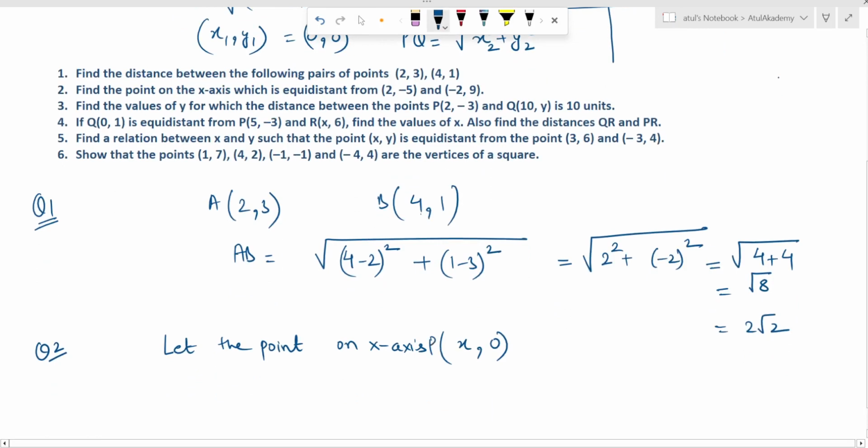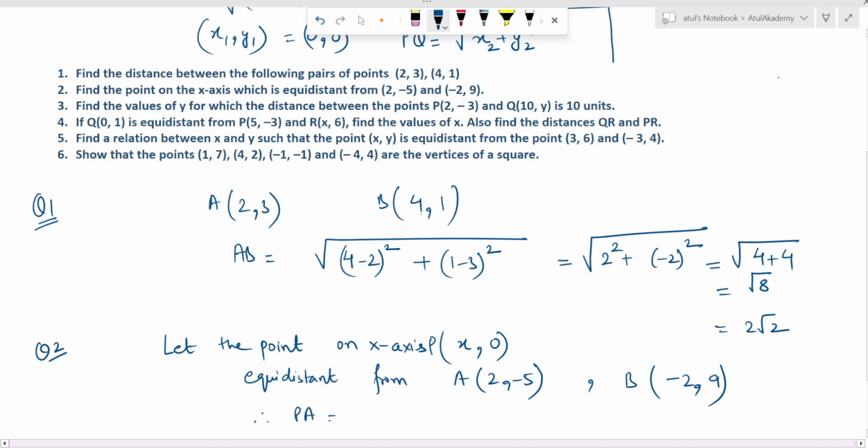Let's say this is point P. It is equidistant from the points, one of which I name A (2, minus 5), and the other I'll name B (minus 2, 9). As it is equidistant from these two, PA will be equal to PB. So the distance PA and PB are the same.